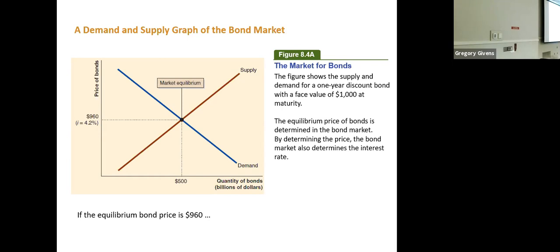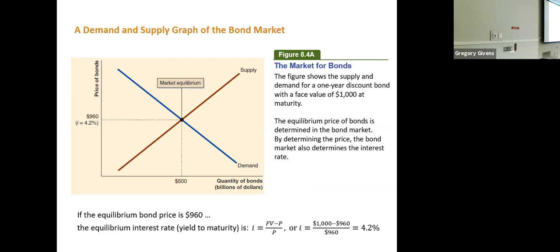Once the market determines what the equilibrium bond price is, then we can easily determine what the actual yield to maturity is, right? We know what the yield to maturity is from the present value formula. On a one-year zero coupon bond, the yield to maturity is the face value minus the bond price divided by the bond price. So it's (1,000 minus 960) over 960, which gives us 4.2%. Right?